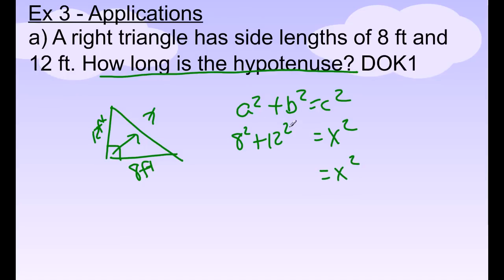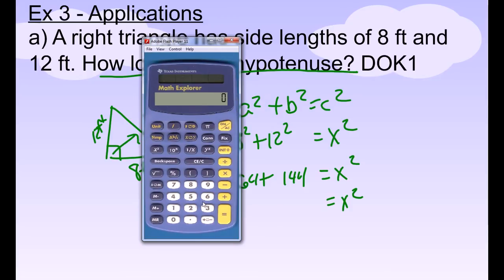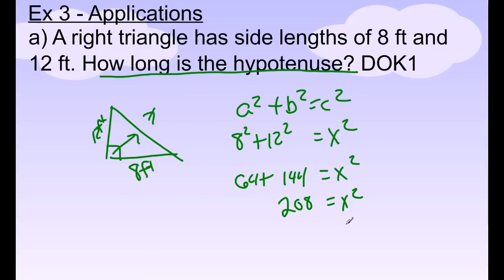Over here, though, I can simplify. 8 squared is 64. 12 squared is 144. Simplify some more. 64 plus 144 equals 208. So I've simplified both sides as much as possible.